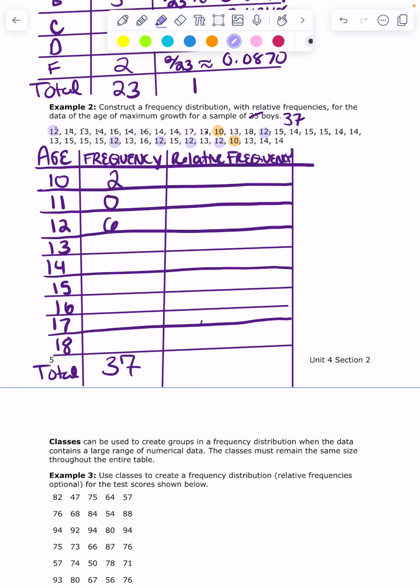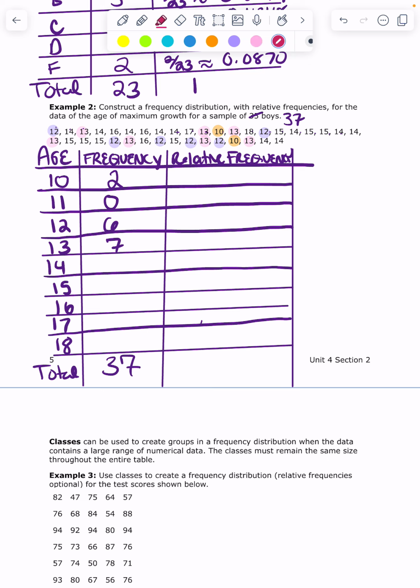13, so I'm changing my highlighter color again. 1, 2, 3, 4, 5, 6, 7. Yeah, that's all I see. Again, if I missed any, I will find it. Okay, highlighter.